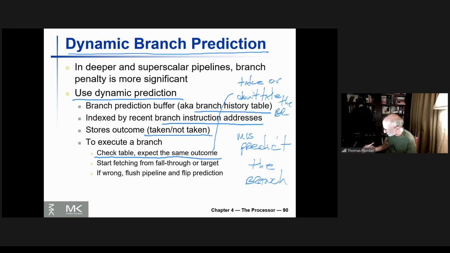Did we take the branch last time? Then we're going to take the branch this time. Did we not take the branch last time? Then we're not going to take it this time. So we're using history to predict the future.